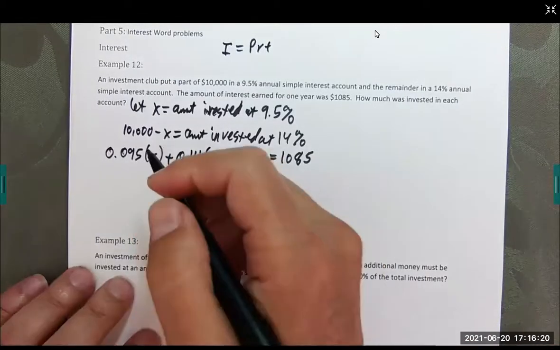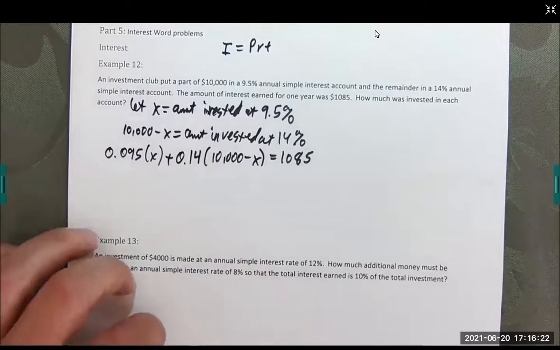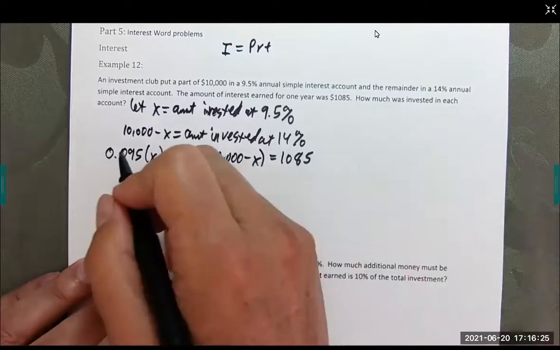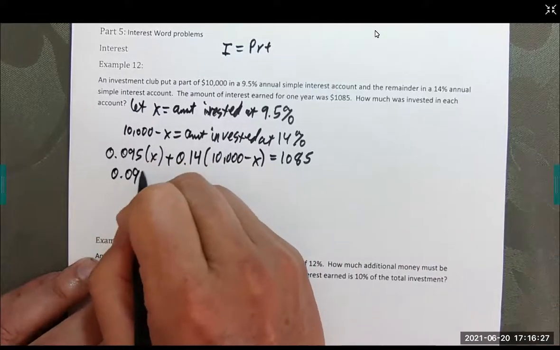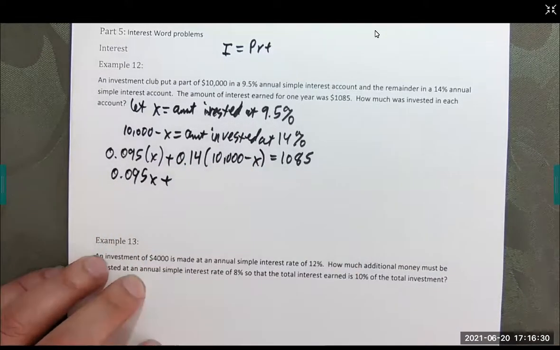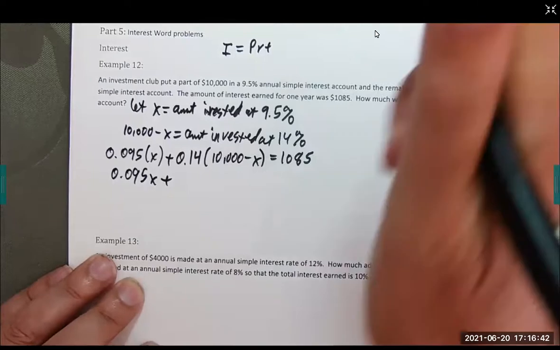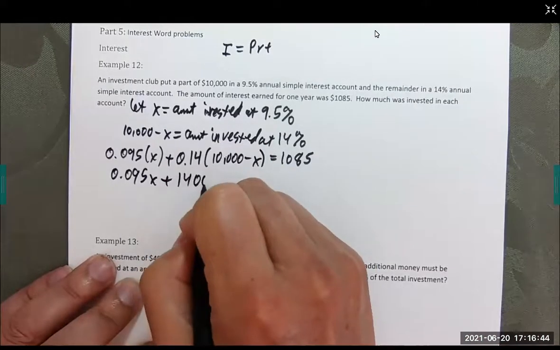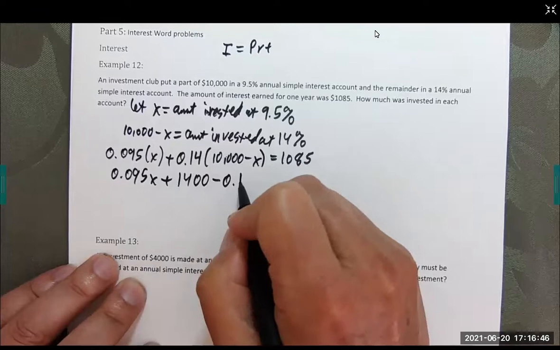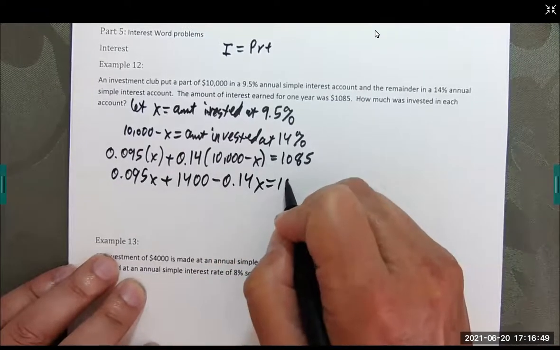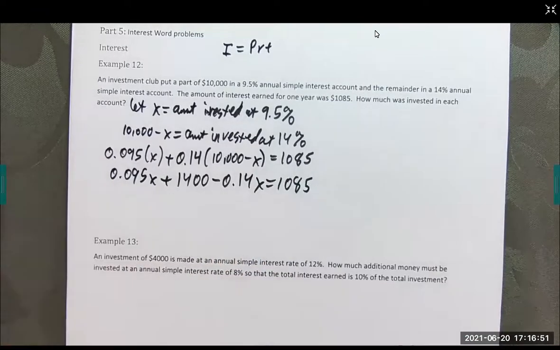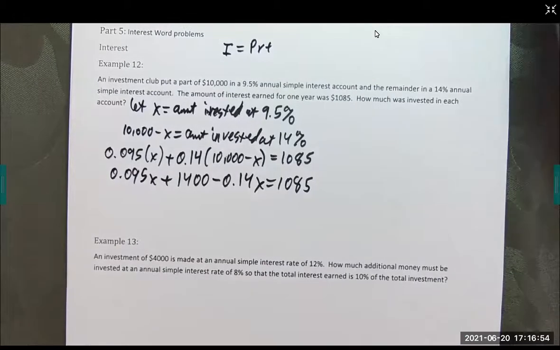We could multiply by 1,000 or something like that and get these wacky huge numbers, but we don't need to. 0.095x plus 0.14 times 10,000, 1,400, minus 0.14x equals 1,085.